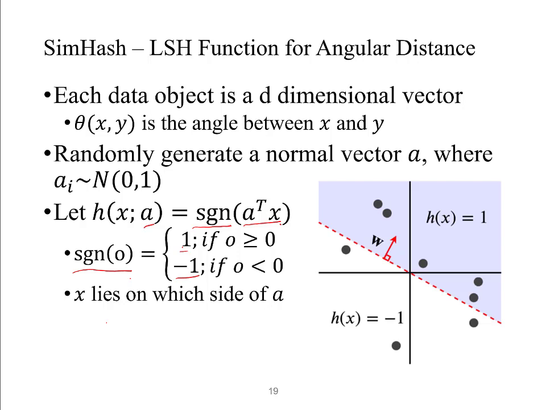Now the meaning of this hash value is actually to see which side of A x lies on. So here should be A, sorry. Yeah, so this is A, and A transpose dot x is positive when the point x lies in the same direction as A, right? And it is negative otherwise.